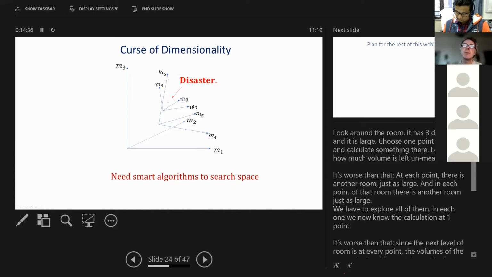And let's say we search with a density of 10 samples per axis. You can't explore more than about 20 dimensions. And that means that every single problem on Earth that has ever been solved by exploration, by sampling, if it's really done by blind search where we know nothing and simply have to explore, all of them have only 20 degrees of freedom or fewer. So this is a real problem. This is why we need smart algorithms.